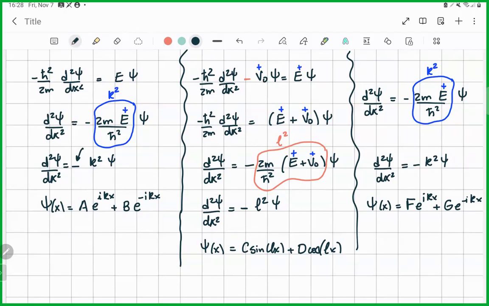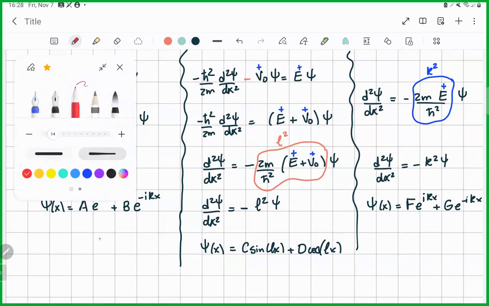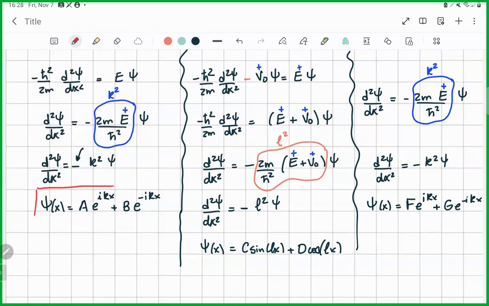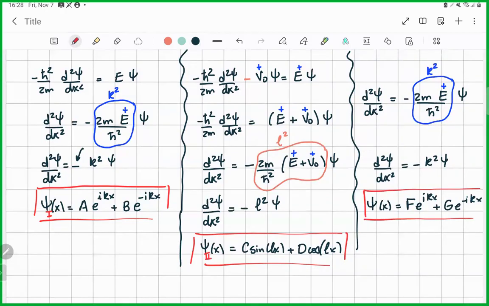Okay, so let's mark all the solutions that we found. We have this for region 1, this for region 2. So I'm going to name this psi 1, psi 2, and this is the solution for region 3. I'll call it psi 3. All right, now let's think a little bit.